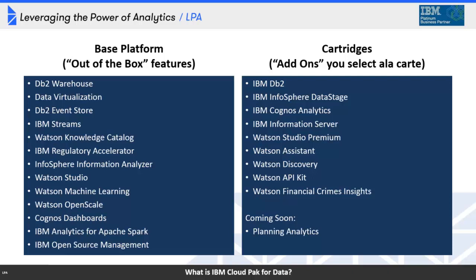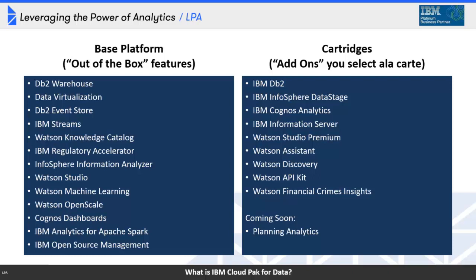Data virtualization gives you a global, logical data layer that effectively presents all of your enterprise data sources in a single repository. It manages the security, it manages the governance, and it makes getting access to your data far less dependent on tribal knowledge. And that comes out of the box with the platform.